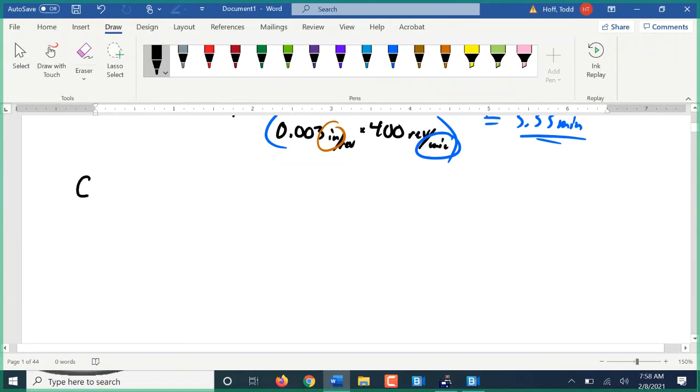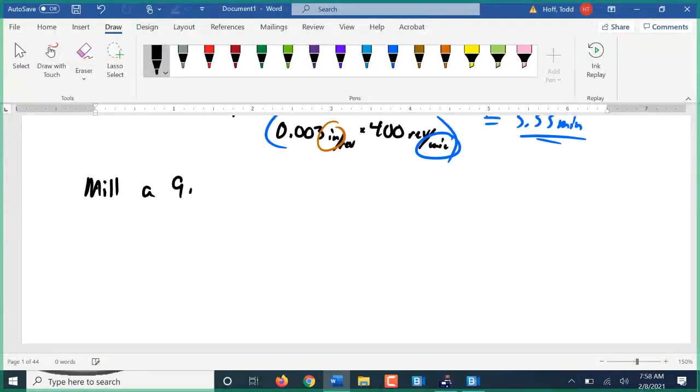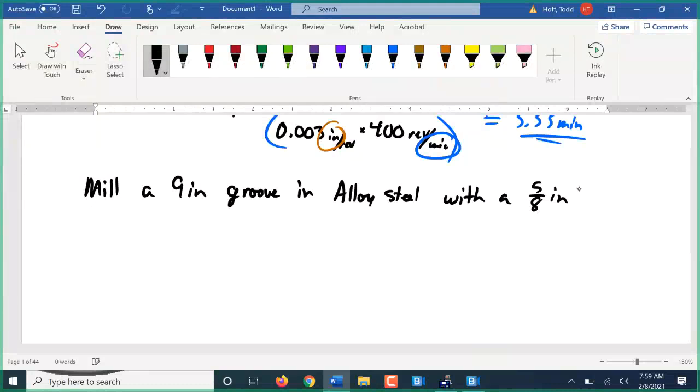Let's say you want to mill a 9-inch groove in alloy steel with a 5/8 inch carbon steel end mill.